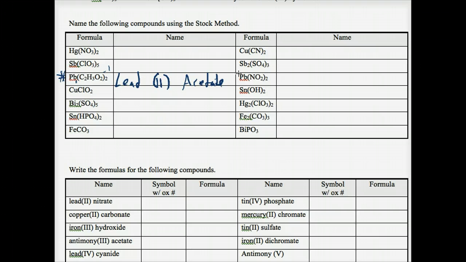Let's try to pick something as complicated as possible. So let's do this one: Sb2(SO4)3. A lot of things going on here. Let me do it down here. Sb2(SO4)3. First of all, we should know that Sb stands for antimony.